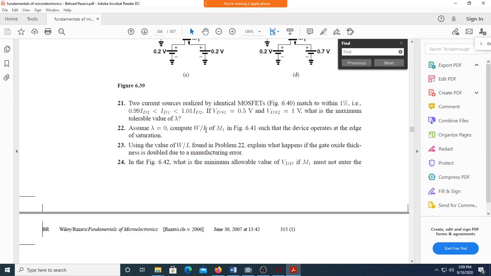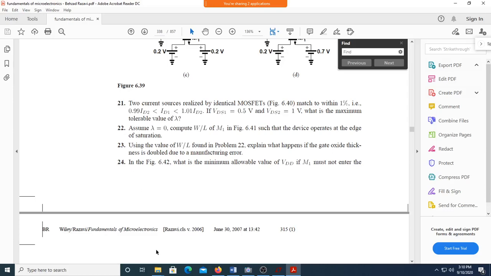Compute W by L of M1 in figure 6.41 such that the device operates at the edge of saturation.